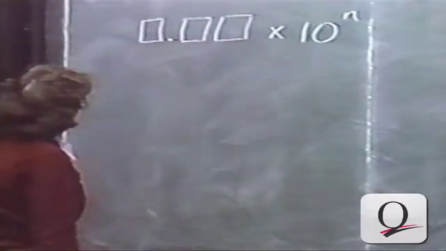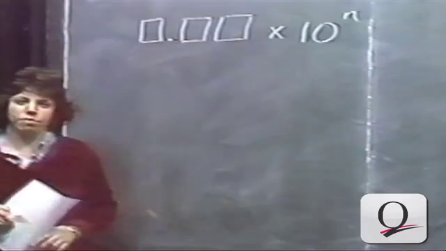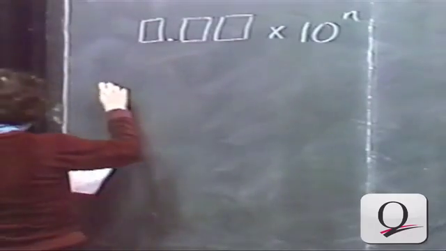Okay, now let's practice writing numbers in scientific notation. This is sort of like thinking about the rule that I just gave you for multiplying by a power of 10, but using it in reverse. I want to write the following in scientific notation.